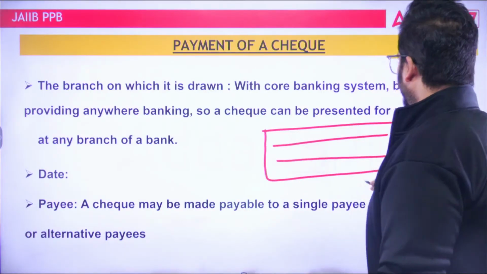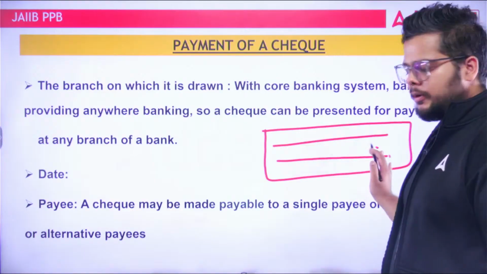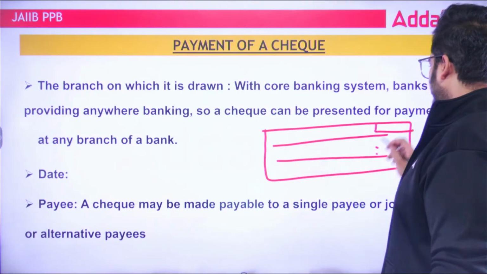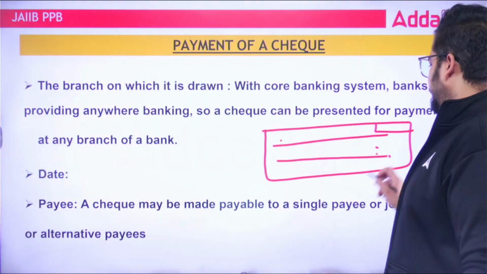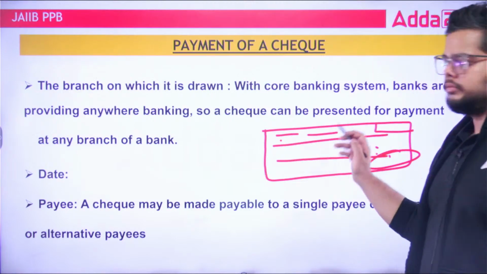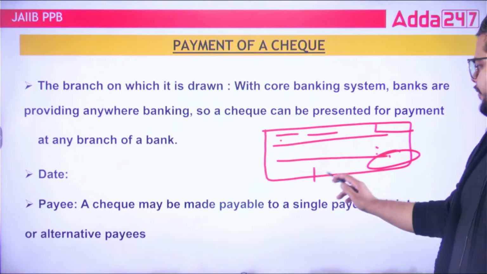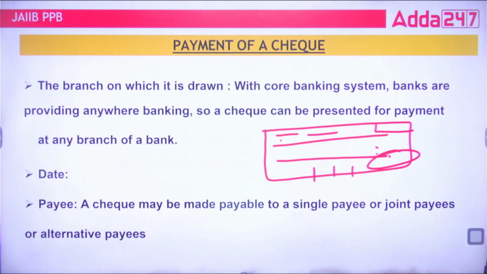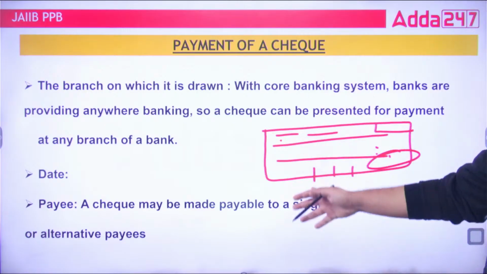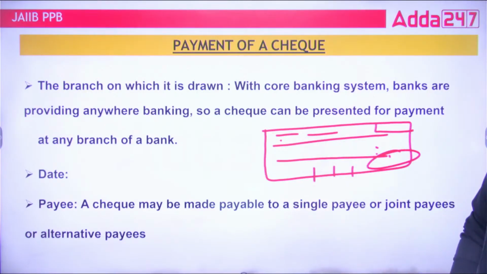Like for a check, we know that this type of reference will be there, date will be there, amount is here, here we have the signature, name of the bank, the particular branch, and here we have MICR. So all these are not that important for the exam, but yes, certain important definitions we must know.